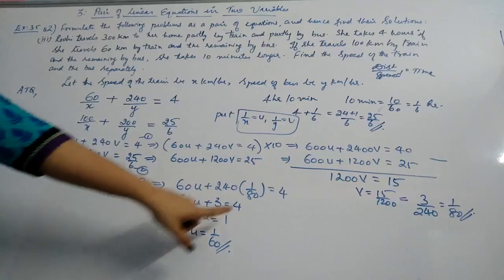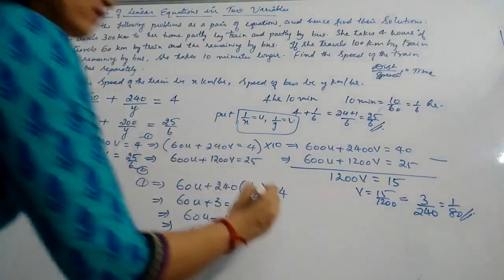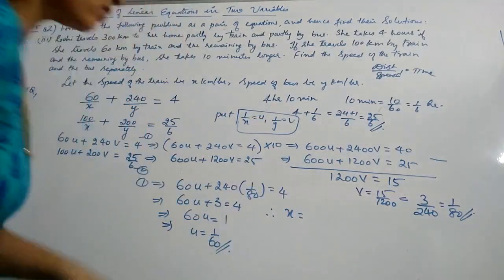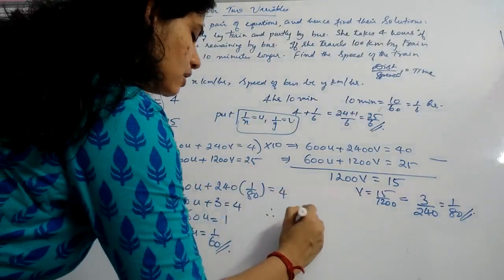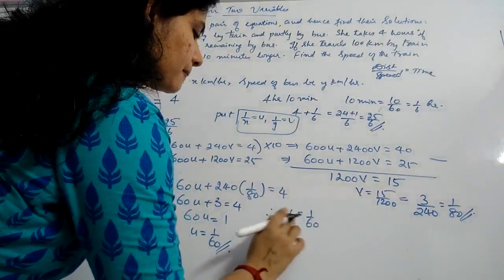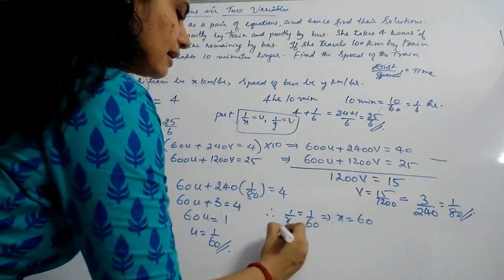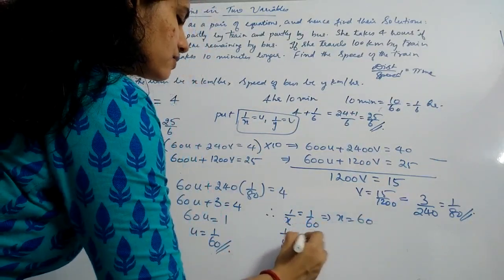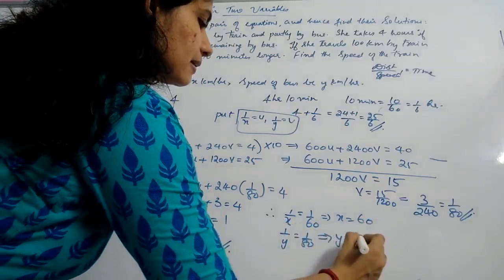Now what we have taken as u and v, just see, we have taken 1 by x as u and 1 by y as v. Therefore 1 by x is u, 1 by 60, which will give you x is equal to 60, and 1 by y is v is 1 by 80, we are getting y as 80.